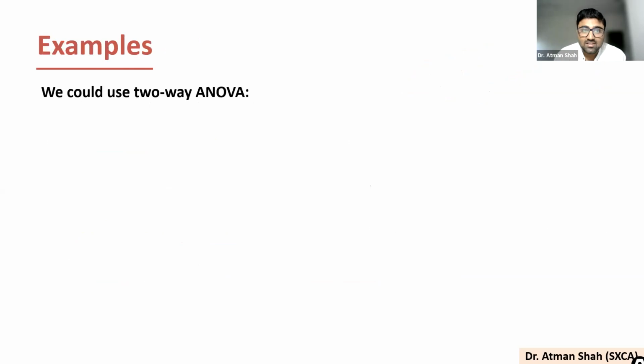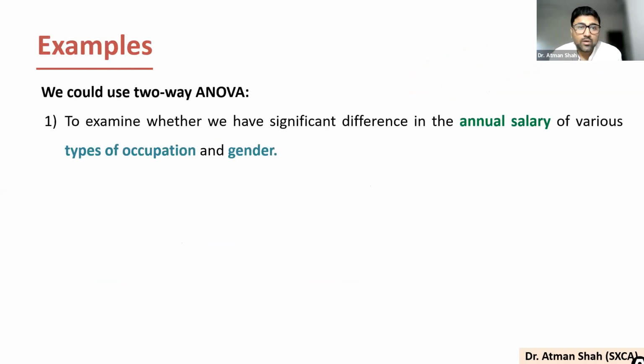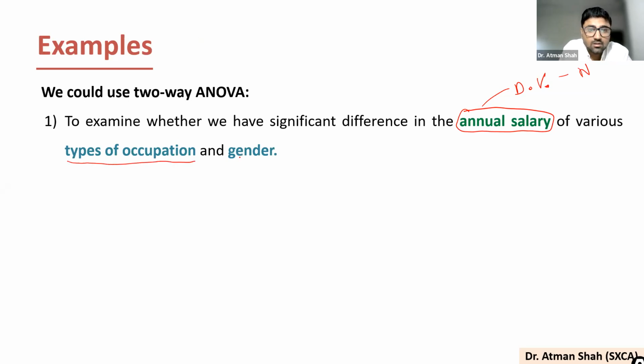Let's understand it with the help of examples. First, examine whether we have significant difference in the annual salary of various types of occupation and gender. Now you see, annual salary is our dependent variable, and it must be normally distributed. Various types of occupation is our first independent variable, and gender our second independent variable. And these two independent variables have various categories.